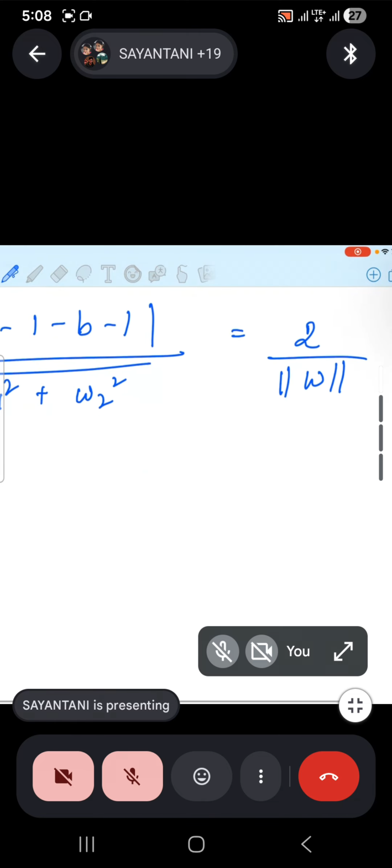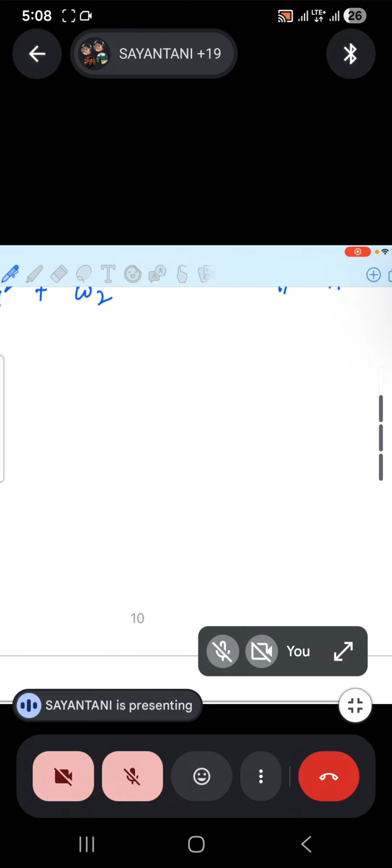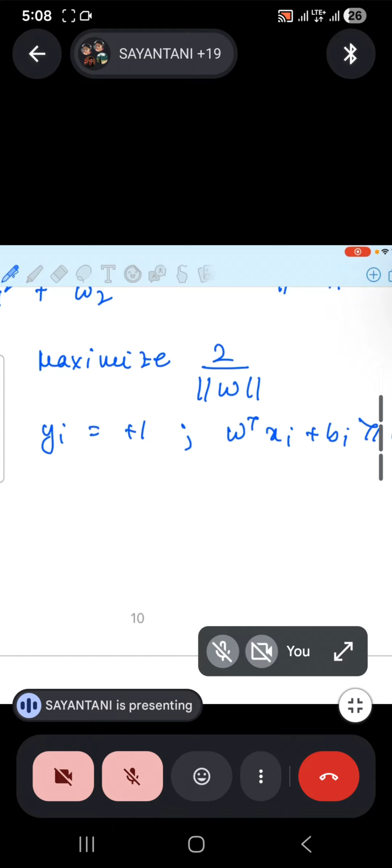So this is your margin. The objective over here is that I have to maximize this value under two conditions: yi is +1 when w transpose xi plus b is greater than or equal to 1, and yi is -1 when w transpose xi plus b is less than or equal to -1.